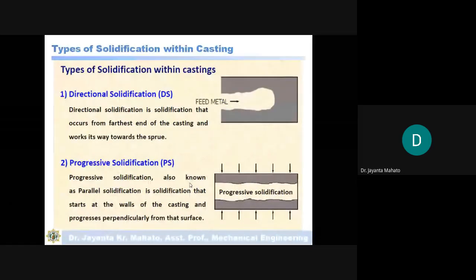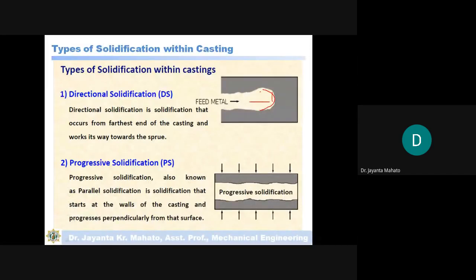Directional solidification is a solidification that occurs from the farthest end of the casting and works its way towards the riser. Means this solidification starts from here and goes towards the riser.